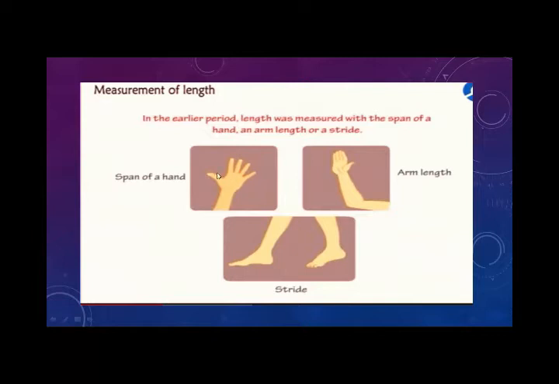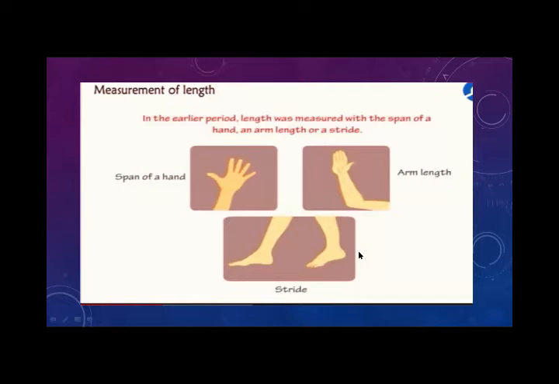With the help of a span of hand, earlier peoples measured length of anything. With the help of this arm length, here you see arm, they measure things, and with the help of strides, here you see these are the strides, the gap between 2 foots. Okay, so in the earlier period, length was measured with the span of hand. This is a span of hand, this is an arm length, and this is a stride.